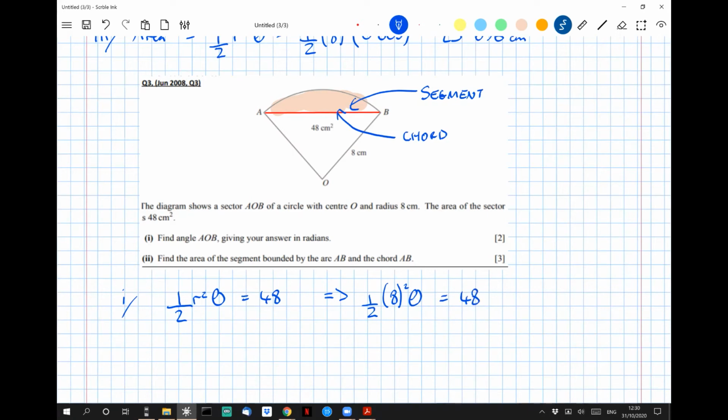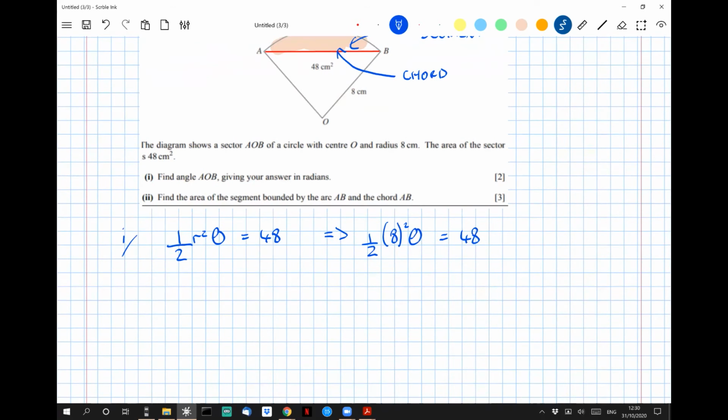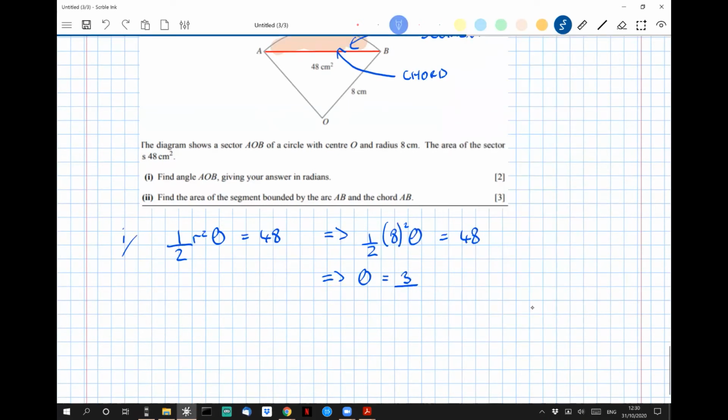Then we can rearrange that. Theta is just 3/2 radians, not 3/2 pi radians, just 3/2 radians.